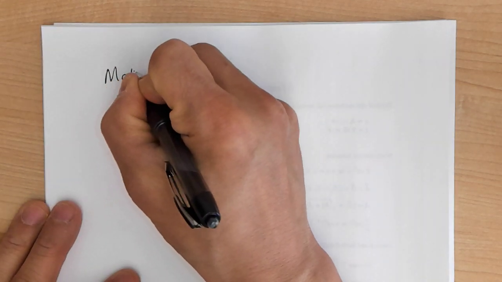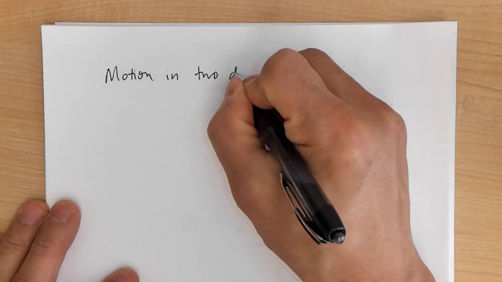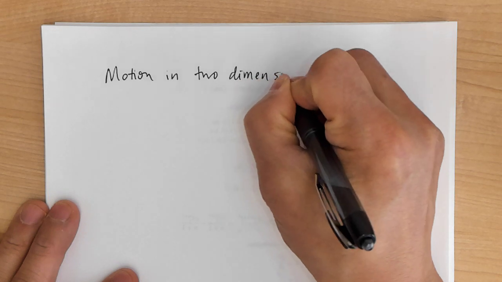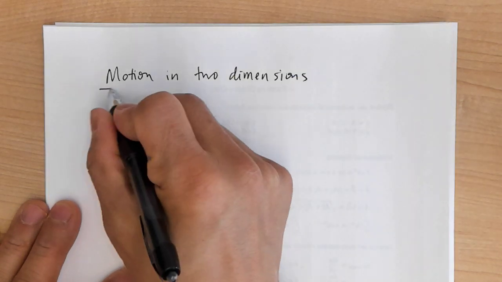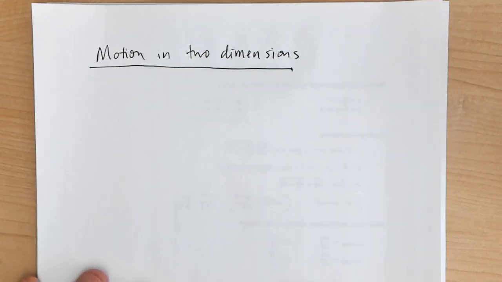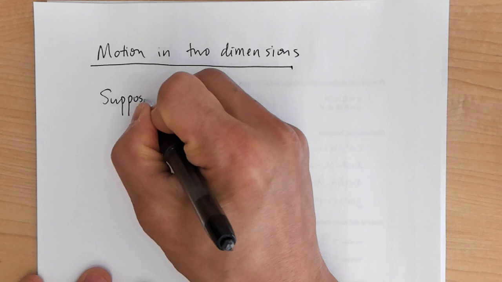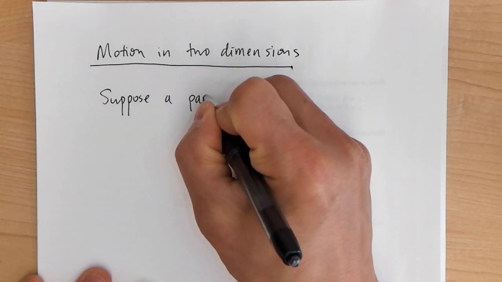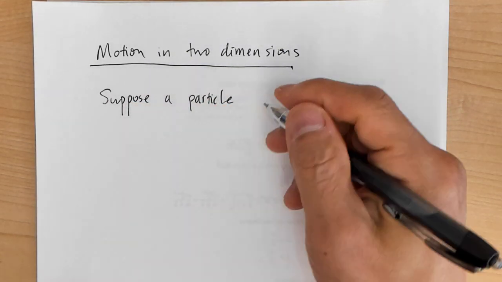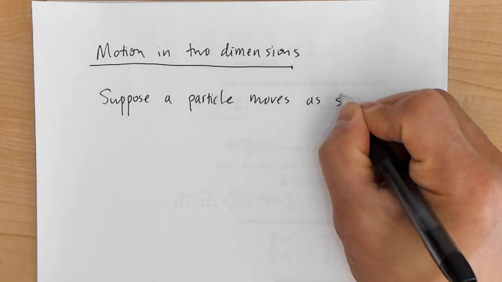First thing, motion in two dimensions. We could go up to 3 dimensions as well, but showing 2 dimensions shows you all the new stuff. So let's suppose a particle moves as shown.